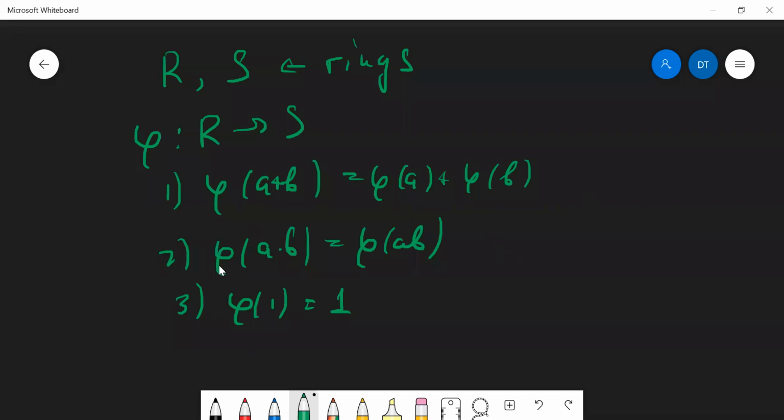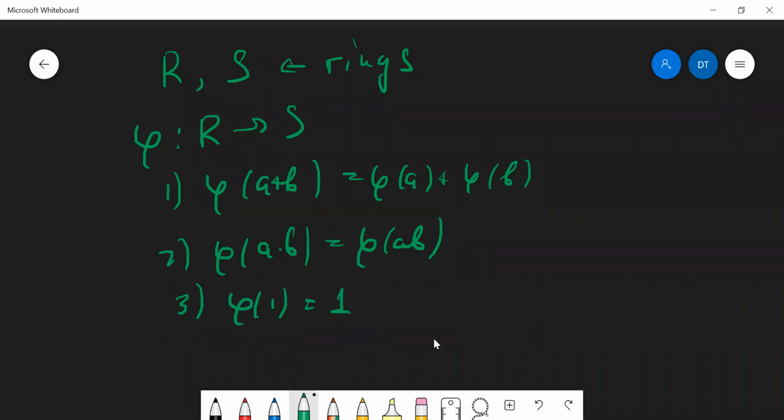But multiplication is not necessarily a good operation. So we do not necessarily preserve identity in general if the second property holds. So we have to pose this additional assumption that one goes to one under our homomorphism. So don't forget this when you give the definition of a ring homomorphism. So this is the definition of the ring homomorphism.